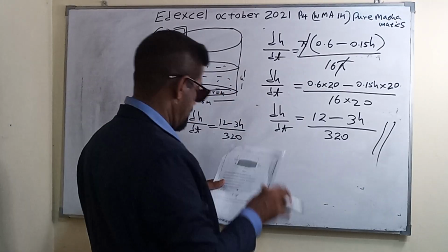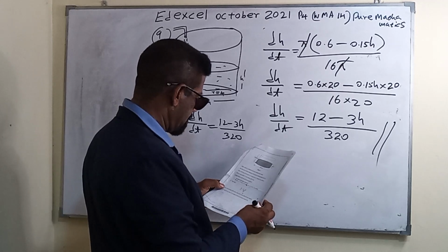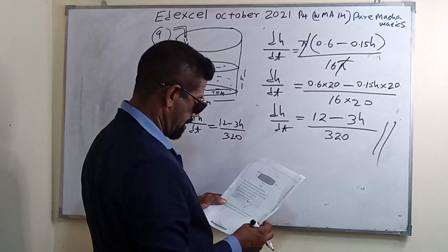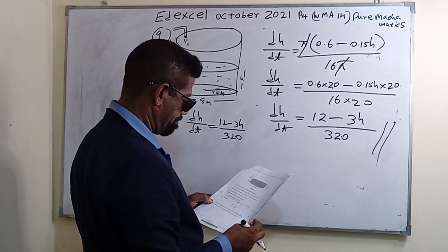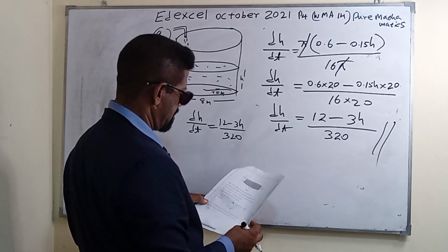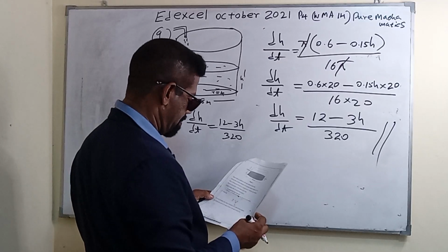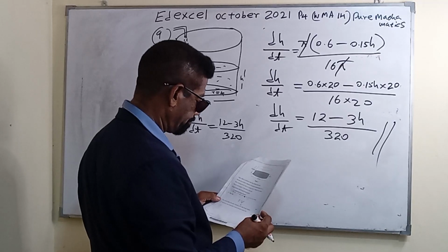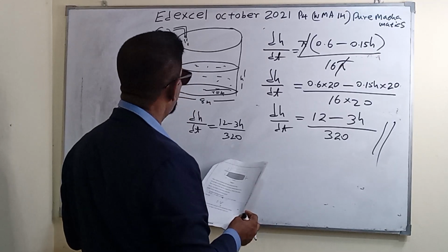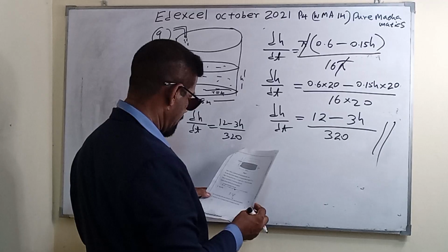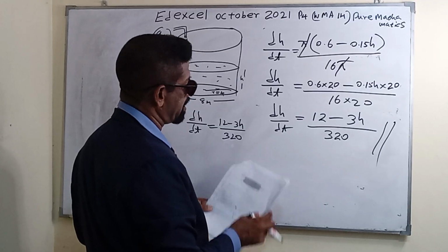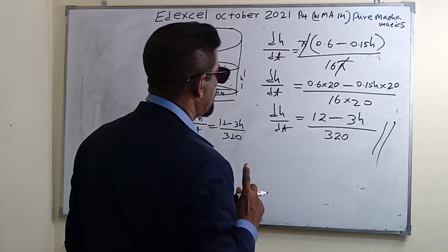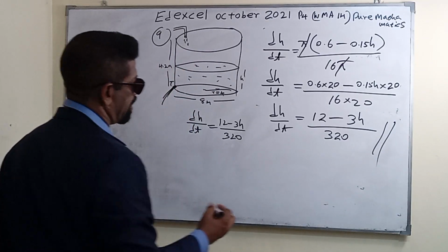So the second part: given the depth of the water is 0.5 meters when the tap is opened, find the time taken for the water to reach 3.5 meters. I think you can integrate.